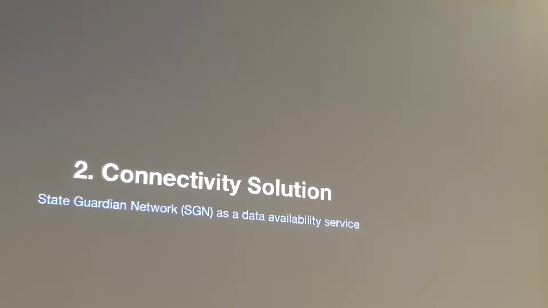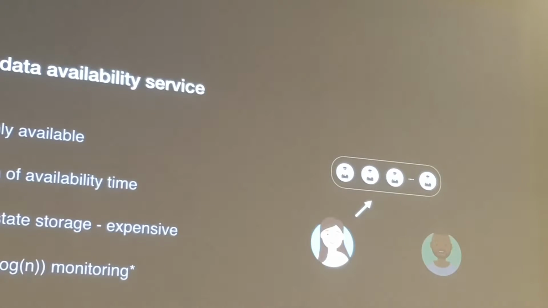Now, how we solve that is to use, again, the State Guardian Network as a data availability service. It is reasonably available. It has attribution of availability time. That's no problem. The on-chain state storage is also very cheap, because you're only storing it for a temporary time. Because of the State Guardian's nature, every state stored in the State Guardian Network has a timeout associated with it.